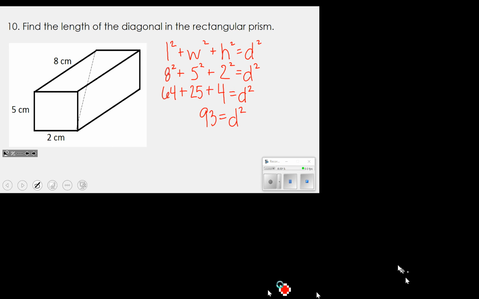And again, D squared is the area of the square off of that slant or that diagonal, but we're not looking for the area of the square, we're looking for just side D. So we have to pick up our cancel pen, square root, and cancel. So the square root of 93 is about 9.6, and that is what our measurement of D is going to equal. So our final answer, 9.6 centimeters.